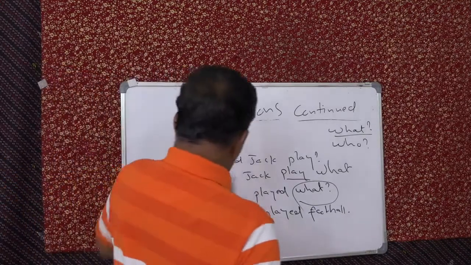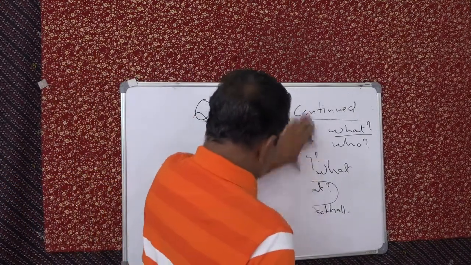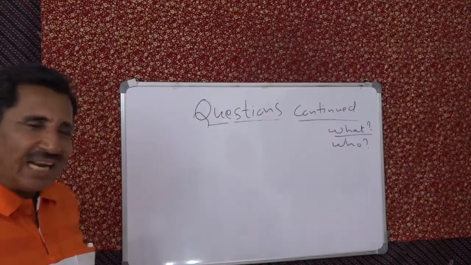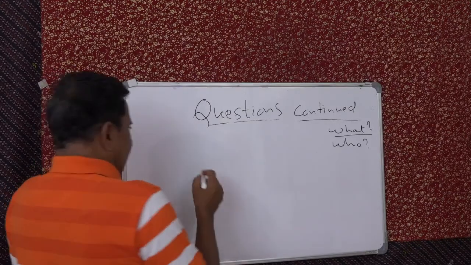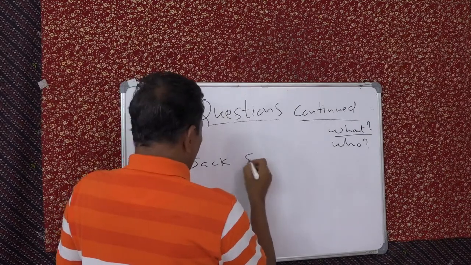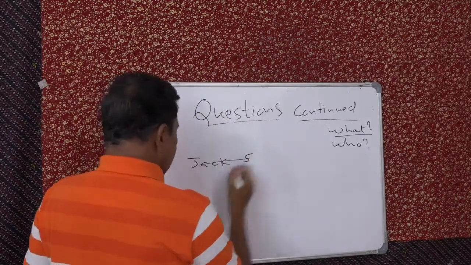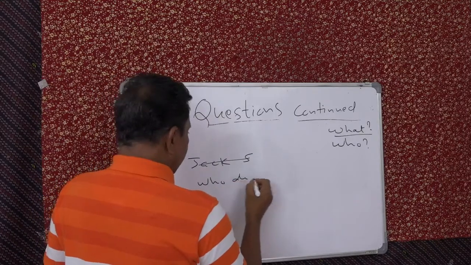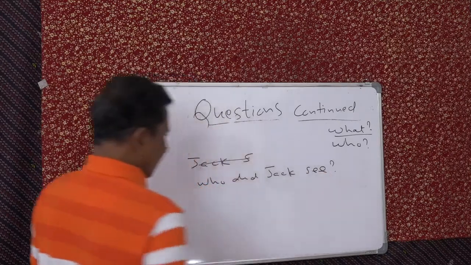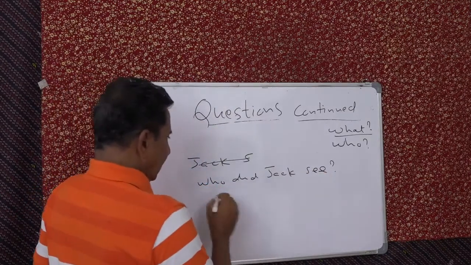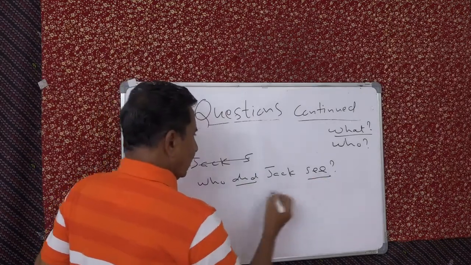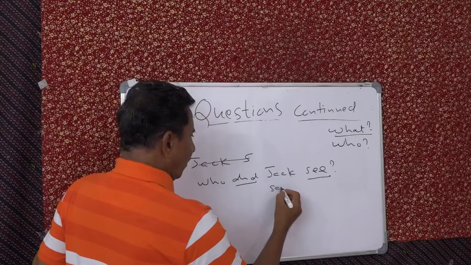Okay. Now let's see the other one, what we just now did. As we proceed further, it becomes very clear to you. Here we are. Jack saw, who, isn't it? That's the question. Who did Jack see? Here we will say, together this will be, did see is equal to saw.